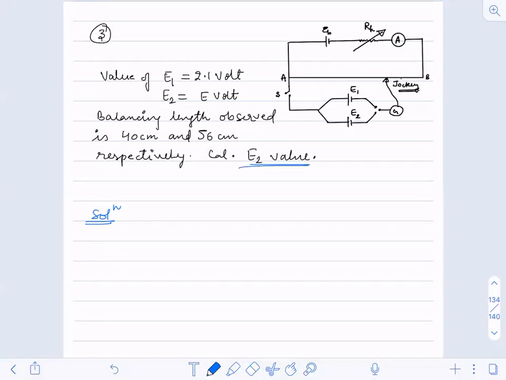E2 value only we have to calculate. Balancing lengths observed are 40 centimeter and 56 centimeter respectively.